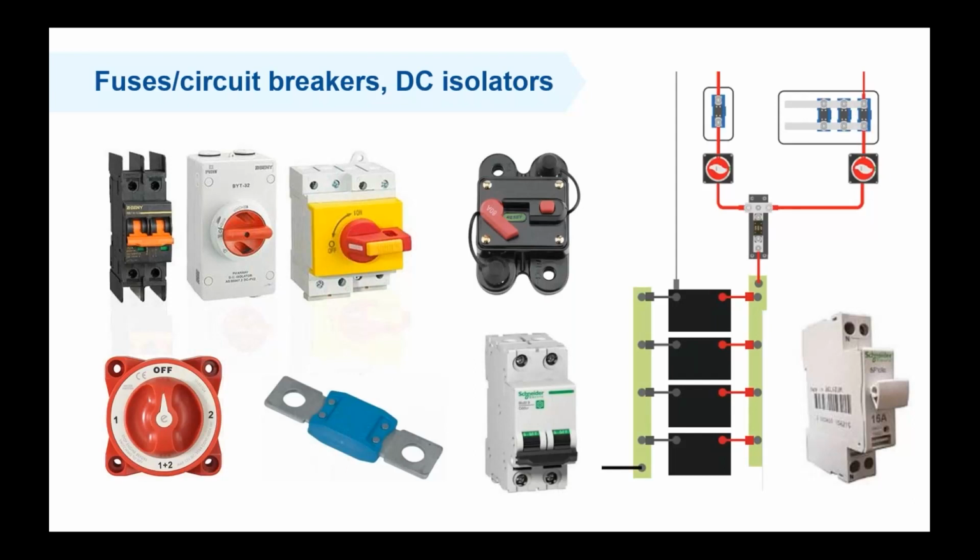A fuse is an electrical safety device, as mentioned, and it protects an electrical circuit against high current or high transients. The fuse is placed in the supply cable of an electrical device. And as soon as current flows through the fuse that is higher than its current rating for a certain amount of time, the fuse will blow.